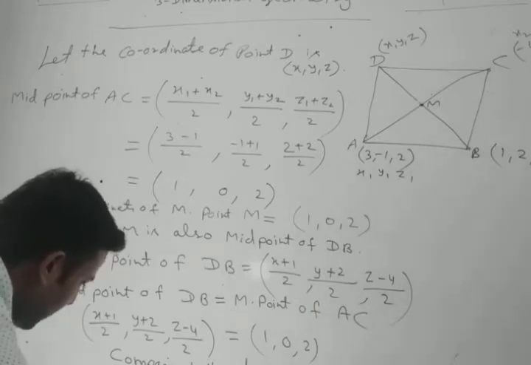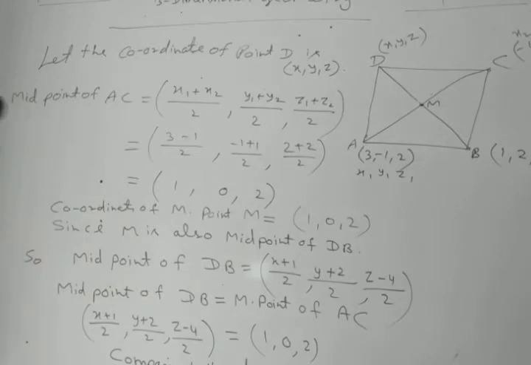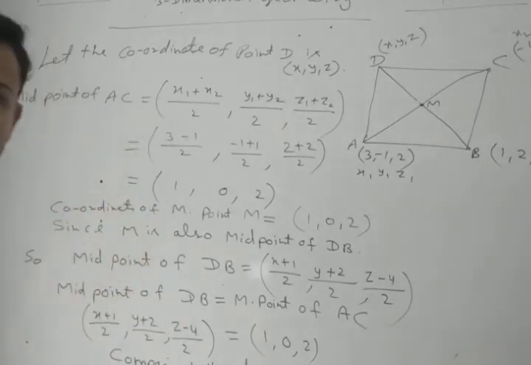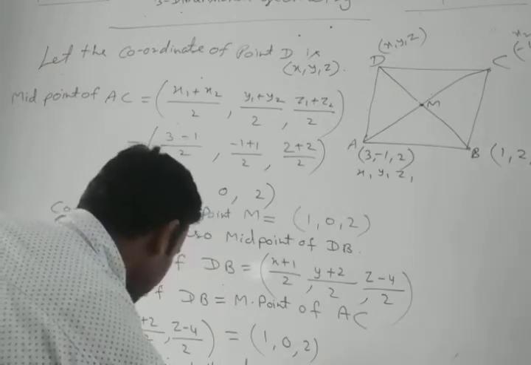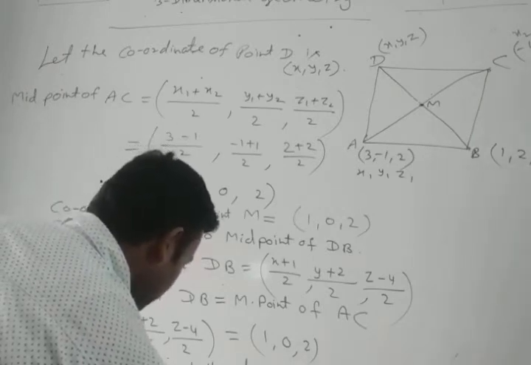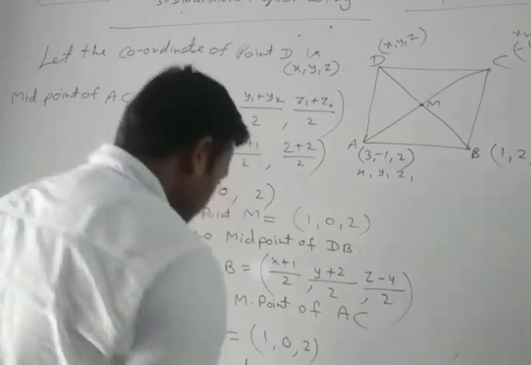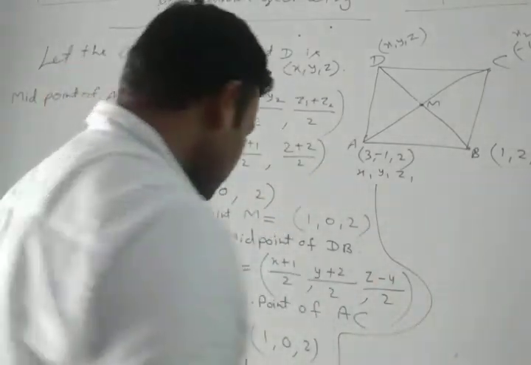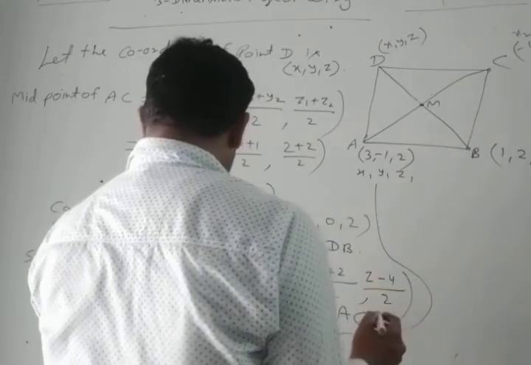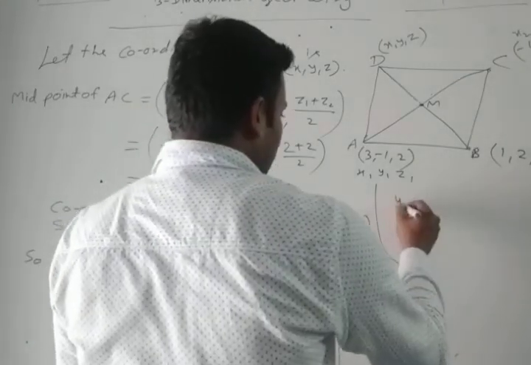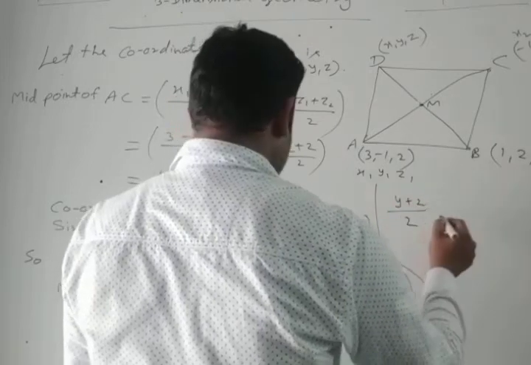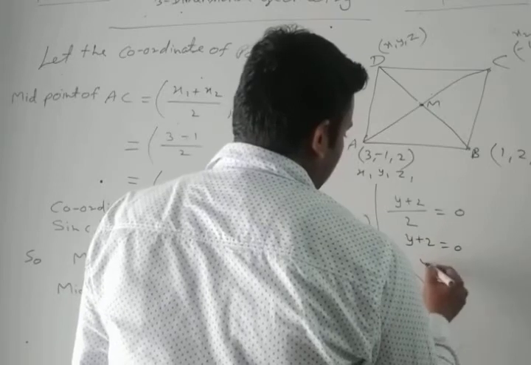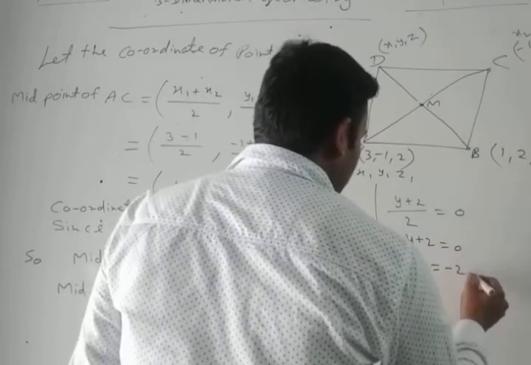This implies x plus 1 is equal to 2, so x is equal to 2 minus 1, x is 1. Now comparing the y coordinate, y plus 2 by 2 is equal to 0, so y plus 2 is equal to 0, so y is equal to minus 2.